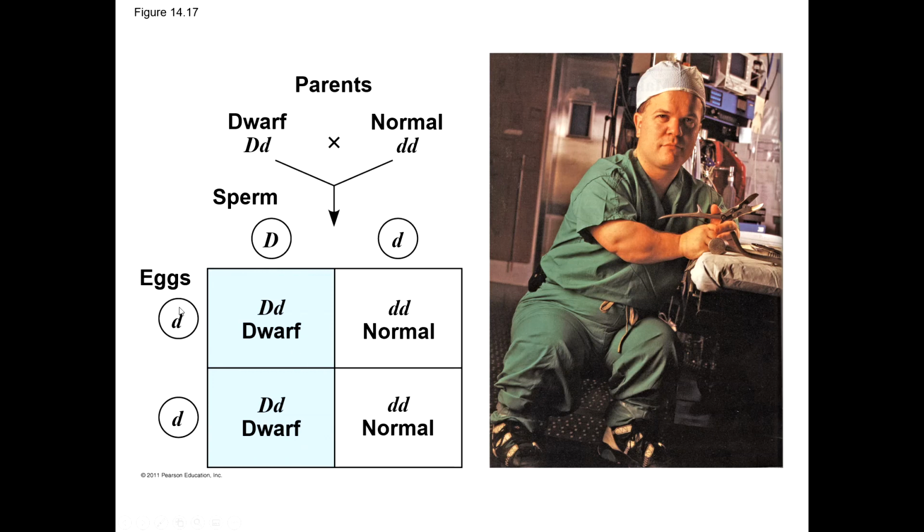So what's the chance if they have kids with a normal height person of having a dwarf? And again, that's 50-50 at best, assuming the other parent is perfectly normal. So this is a case, and not all dwarfism, by the way, is autosomal dominant, but this is a case where you would see normal kids from dwarf parents possibly showing up.